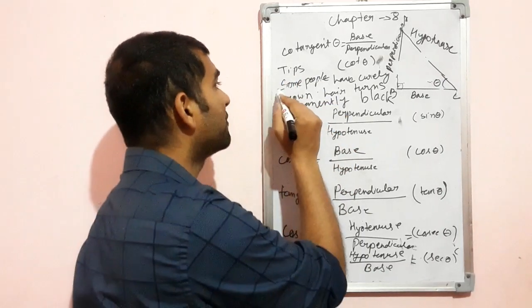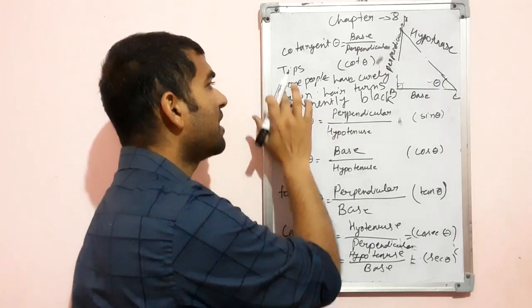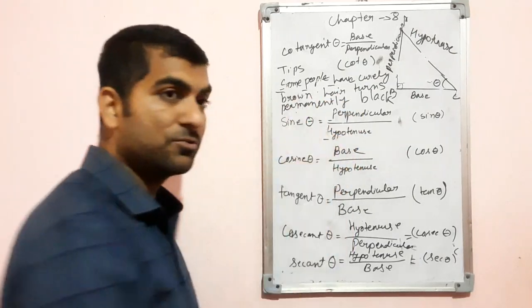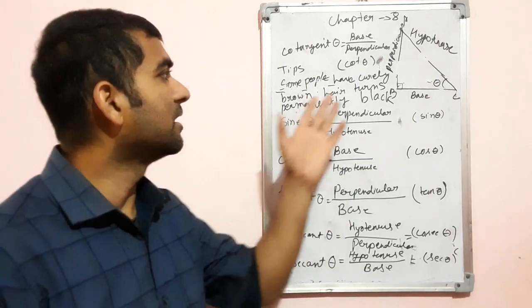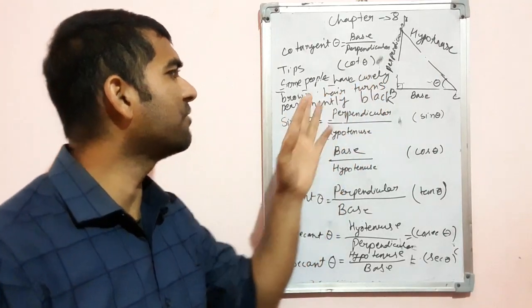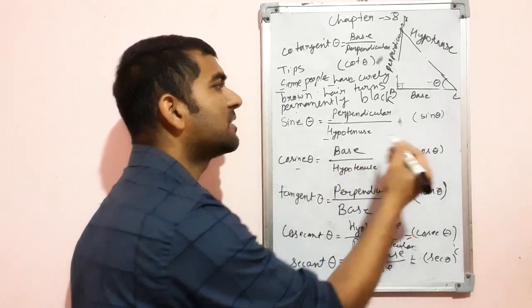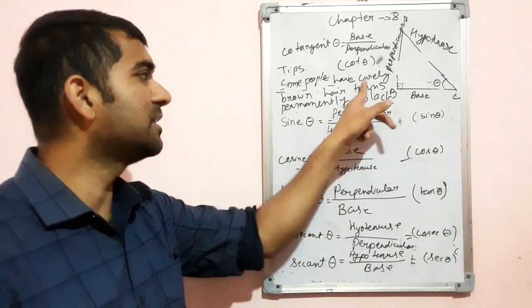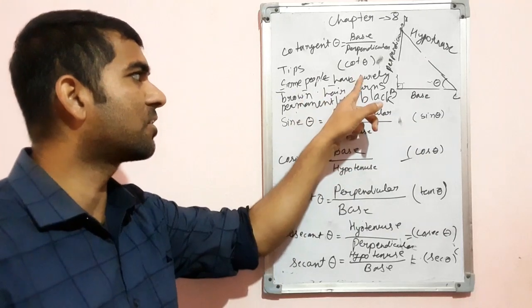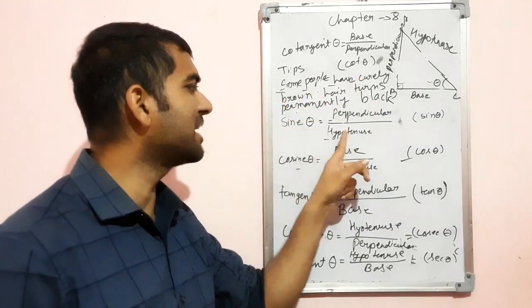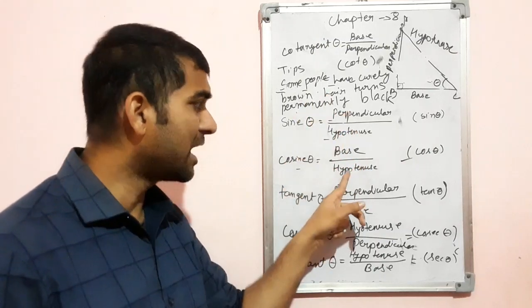You have to know with the first letter: S for sine, P for perpendicular, H for hypotenuse. Clear? Next, curly brown hair. Curly will be cosine, or we call it cos. C for cos, C for curly. Brown hair: B for base and H for hypotenuse.